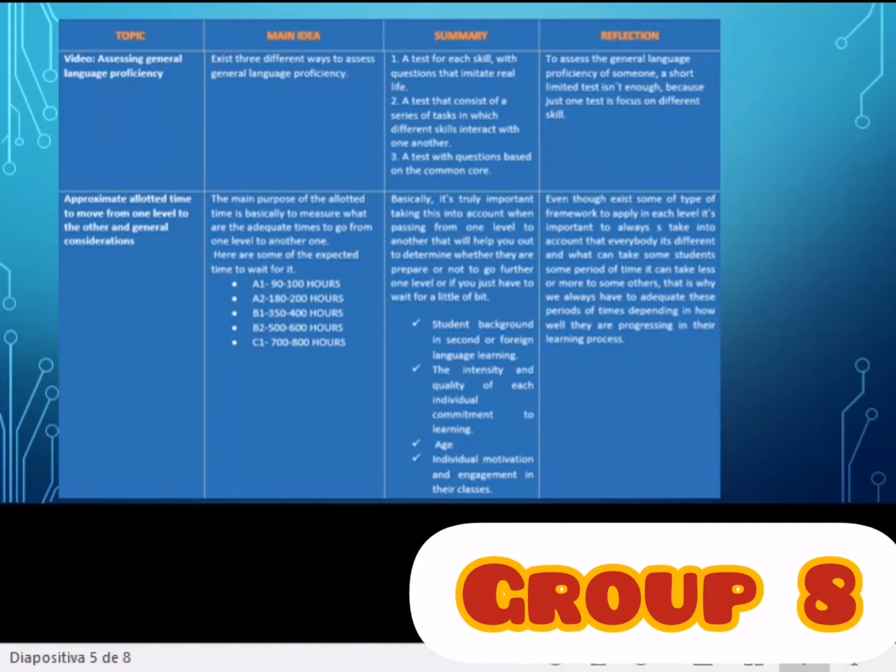The second way is to test through a series of tasks in which different skills interact with one another. The third way is to test with questions based on common core.